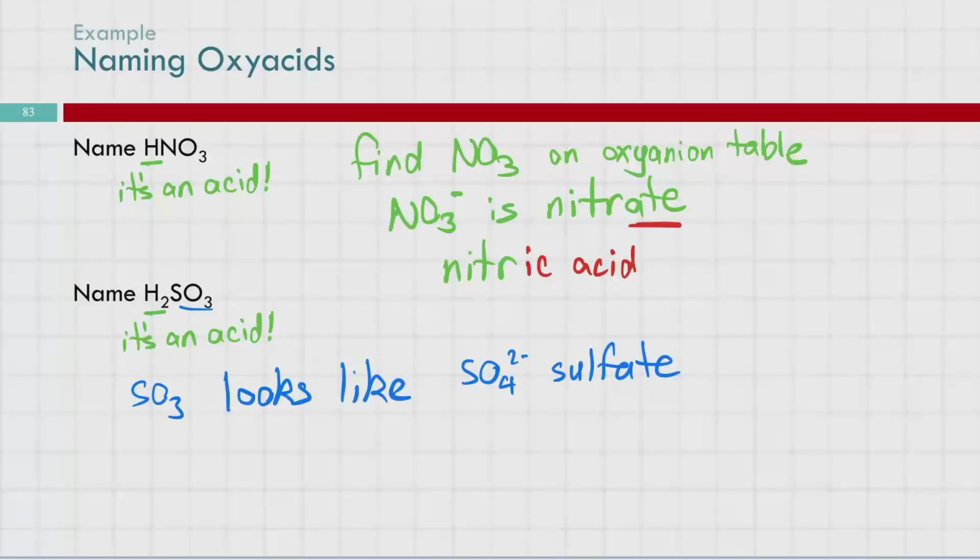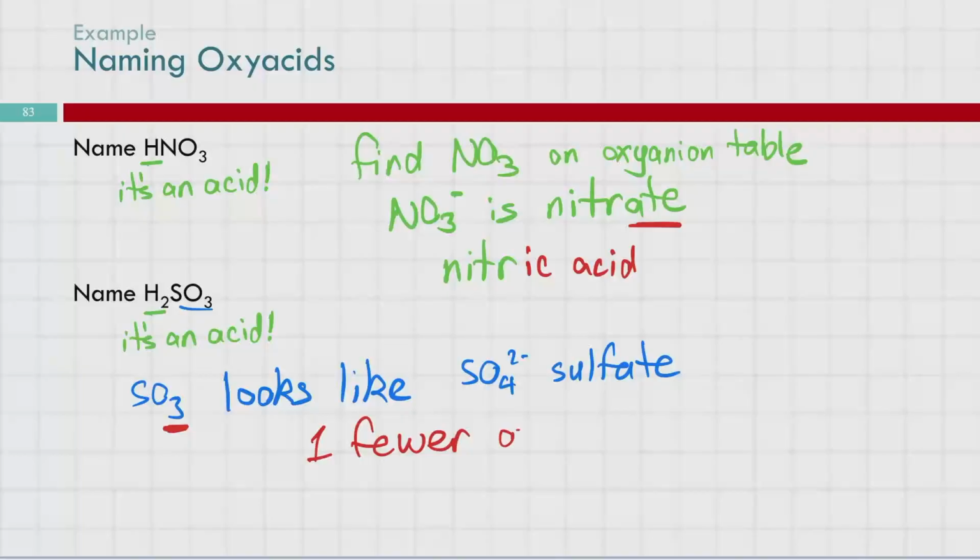Number of oxygens changed, right? We've got 3 instead of 4. 3 is smaller than 4, 1 less. When we take 1 off from our ate ending, it changes to ite.